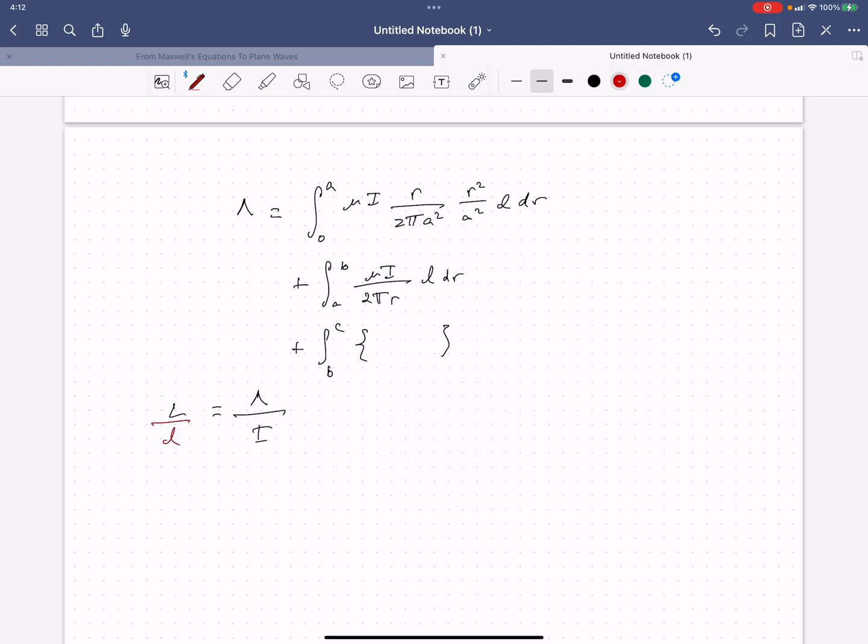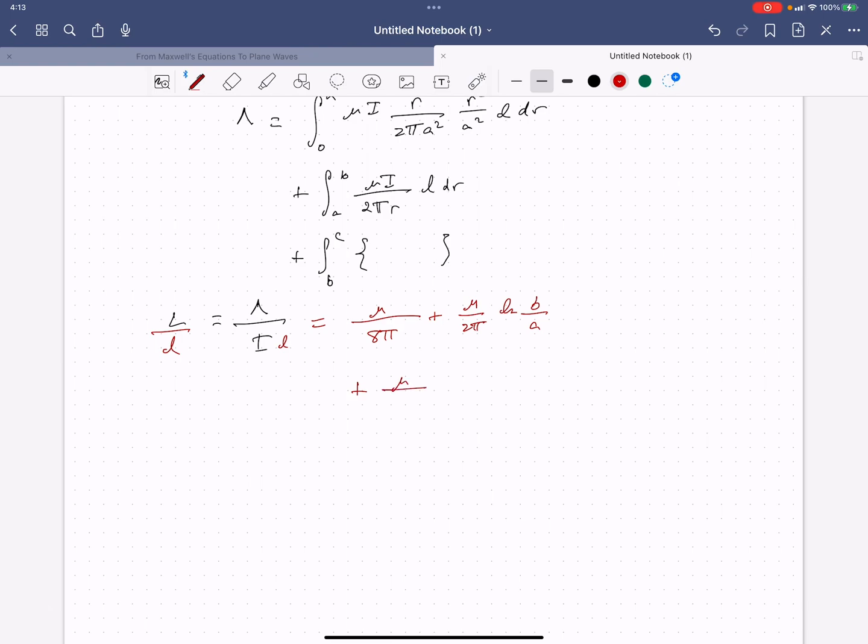So we do the inductance over the length, L over l, and this is equal to mu over 8 pi plus mu over 2 pi natural log of B over A. These are figuring out the integrals, plus mu over 2 pi, C squared over (C squared minus B squared), natural log of C over B, minus C squared over (C squared minus B squared), plus 1/4 (C squared plus B squared) over (C squared minus B squared), and all of this is in units of henries per meter.